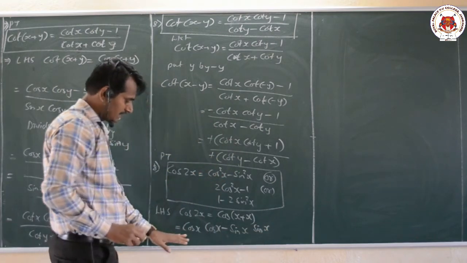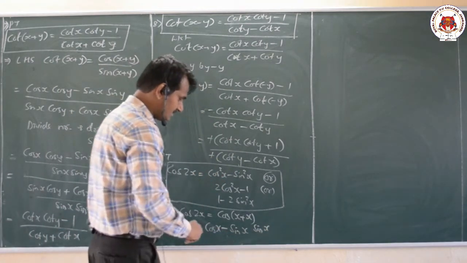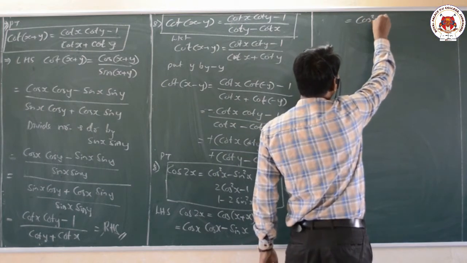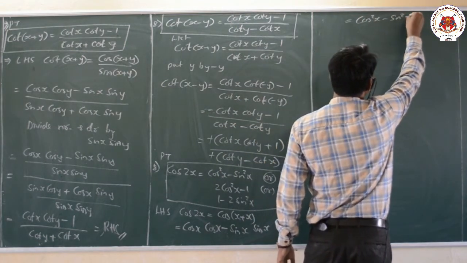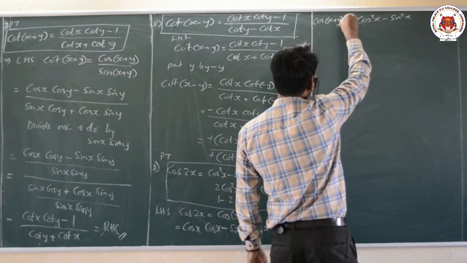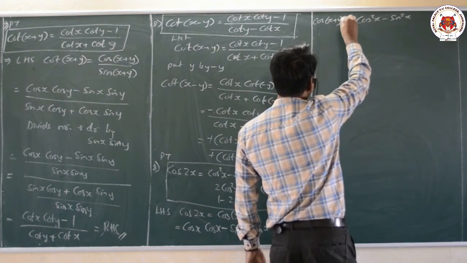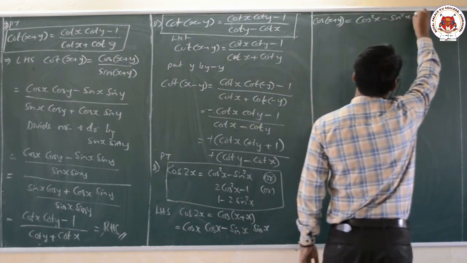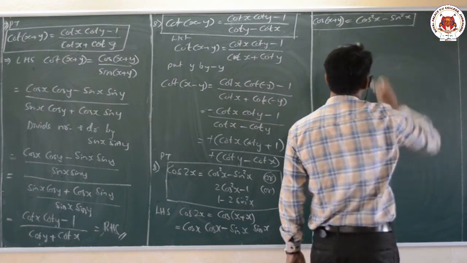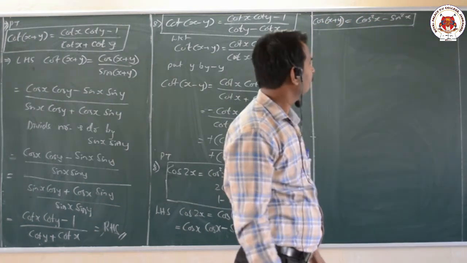So what we get is cos square x minus sin square x. That is our required result, our first thing.